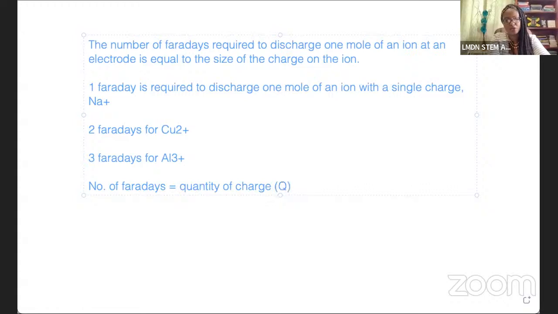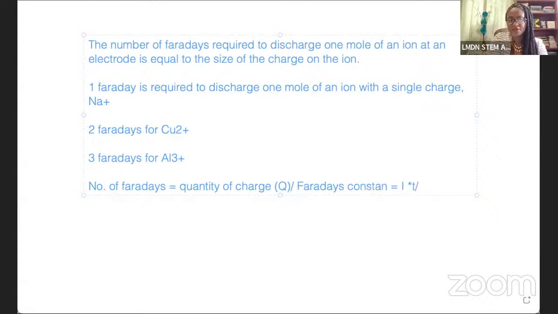So that's your Q. So I times T, that's what we said earlier, divided by Faraday's constant, which is that number that I introduced you guys to earlier.